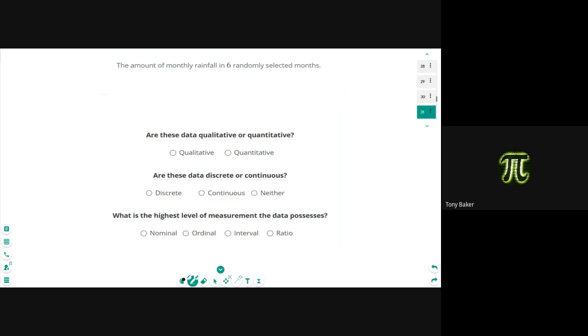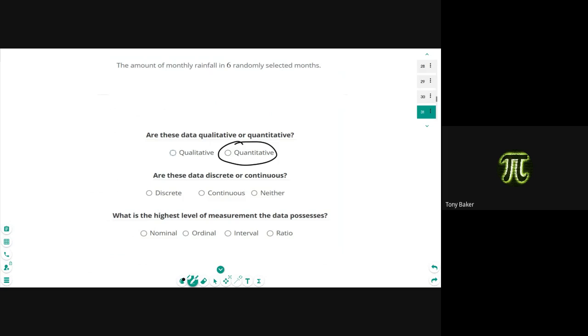Why? Yeah, we can do a bunch of different calculations on this, and it would make sense. That's typically what I use as the difference there: can I do calculations on it? Because that's really what interval and ratio have extra that nominal and ordinal don't.